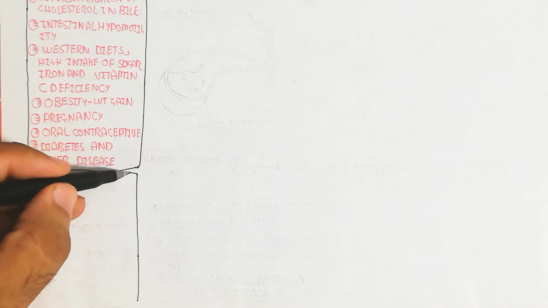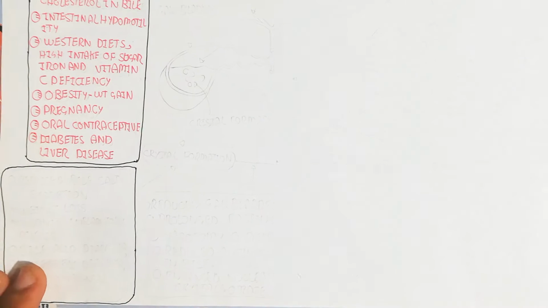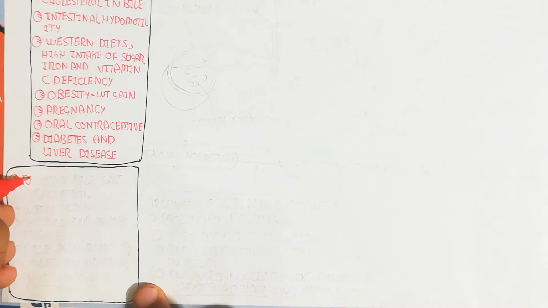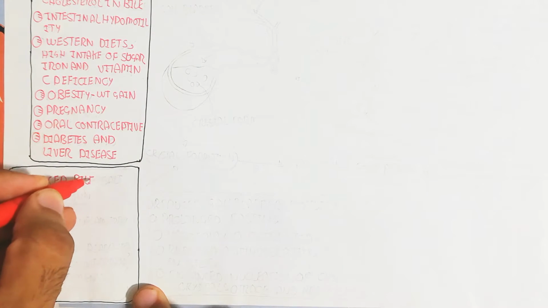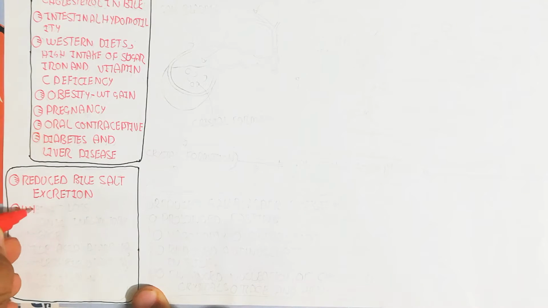On the other hand, reduced bile salt excretion. When bile salt excretion is reduced by other complications, it leads to crystal formation, and this crystal formation is the precursor of gallstone formation.